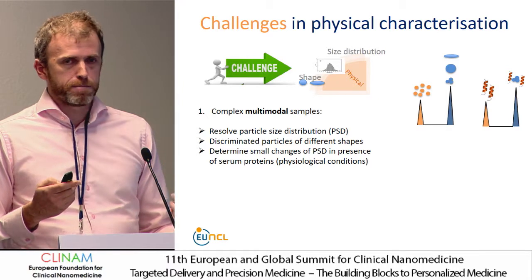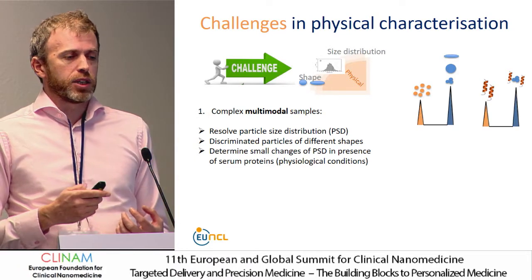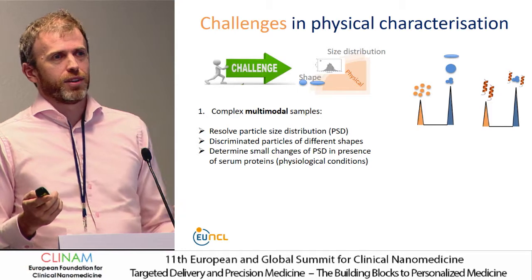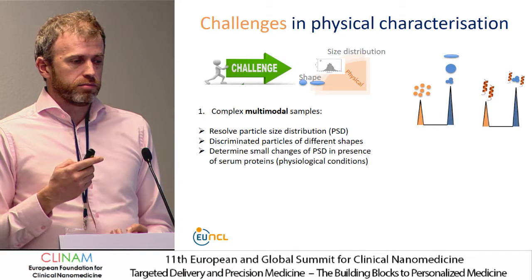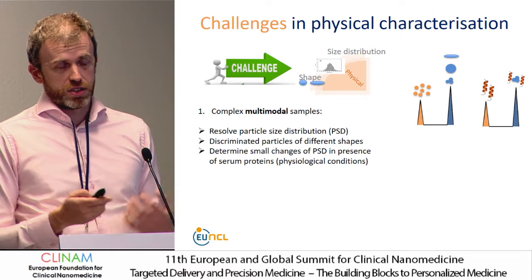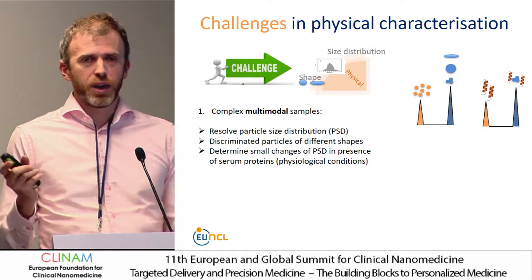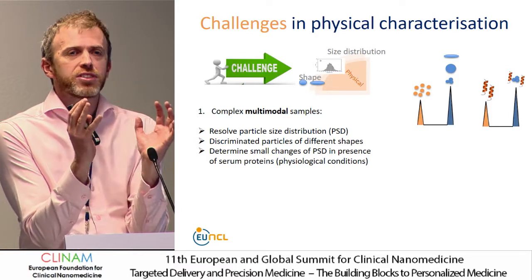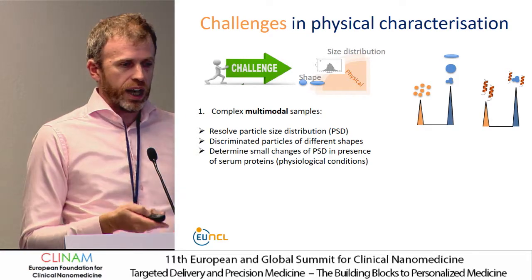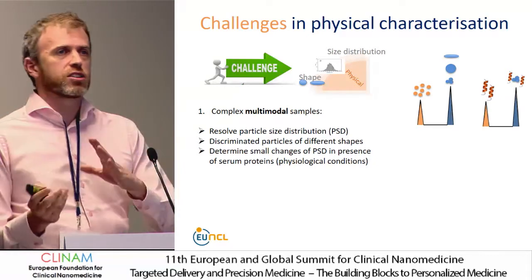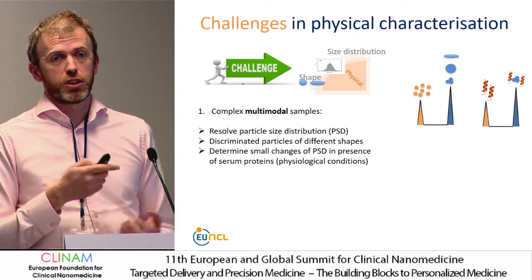That could mean discriminating based on shape, because you could have particles of the same volume but with different shapes, and they could have different effects. You also want to look at particle size distribution differences in the presence of serum proteins. When proteins adhere to a surface, the effective particle size goes up, for instance. It could be that simple. And for small nanoparticles, you start to get interference from the large proteins themselves when it comes to size measurements.